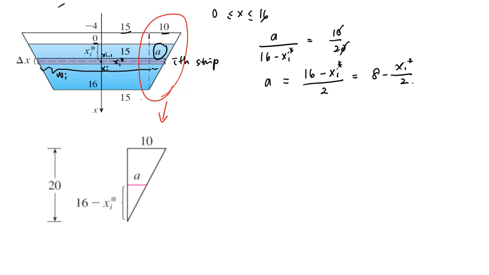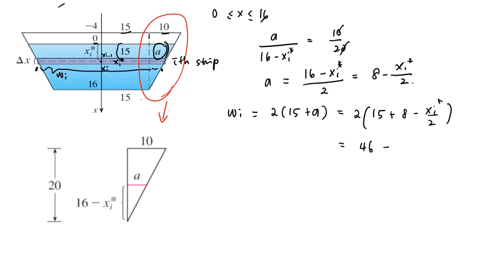Okay, and the width of the strip i, wi, is equal to 2 times 15 plus A. I mean, the width from this point to this point is 2 times 15 plus A, which equals 2 times 15 plus 8 minus xi star over 2, equal to 46 minus xi star. Okay, so this is the width as it goes along the vertical x-axis.